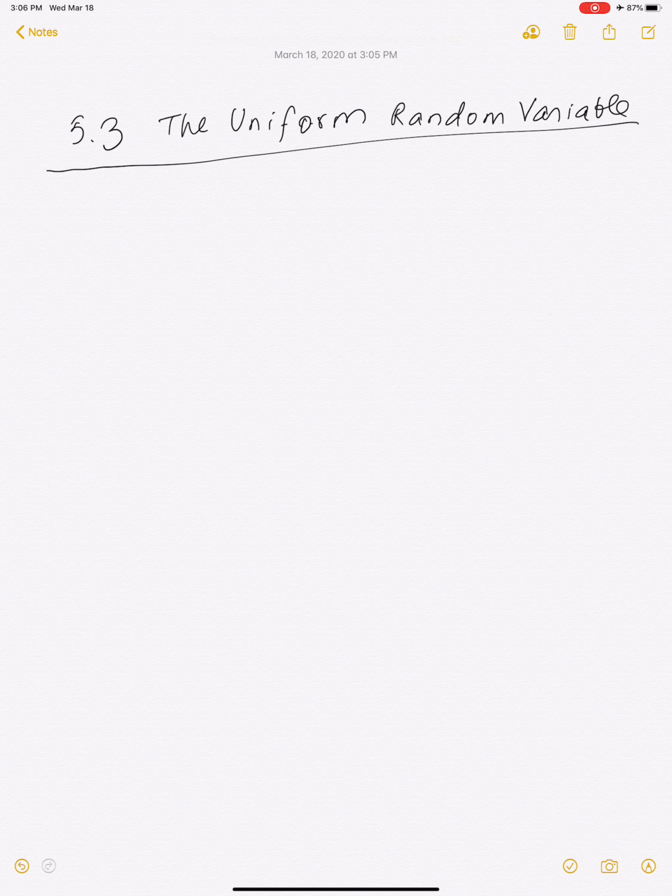Now intuitively, what's a uniform random variable? Just take any interval, for example, 0 to 1. Very broadly speaking, you're just as likely to pick any one small region over another small region of the same width.